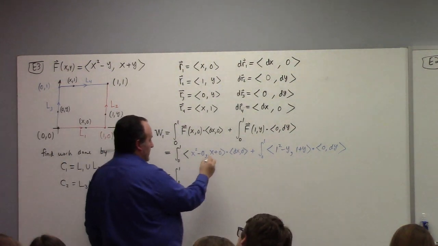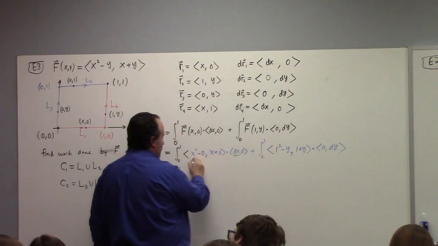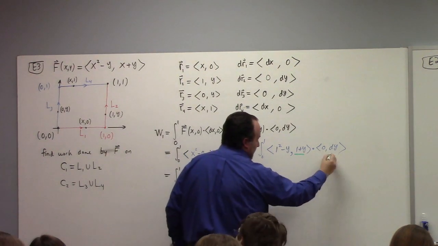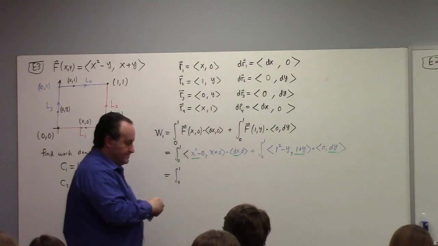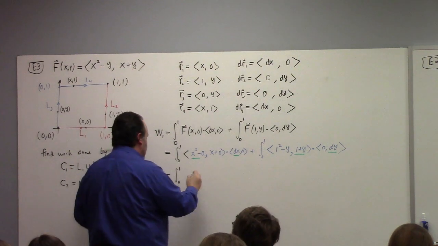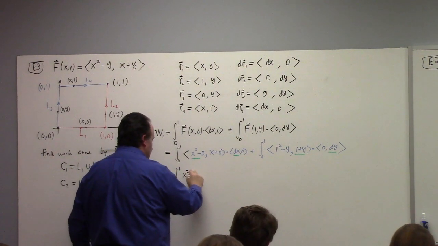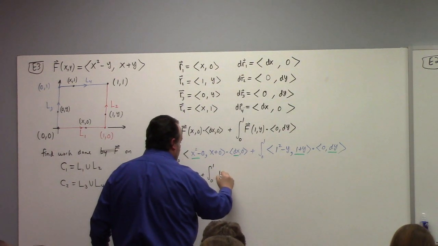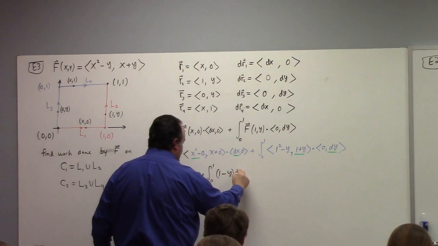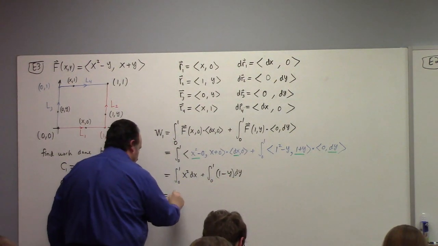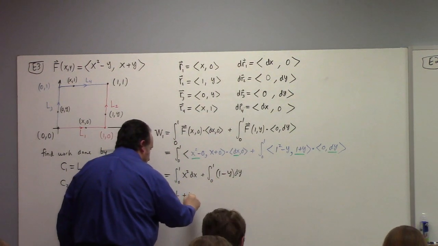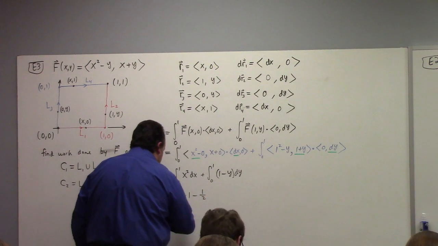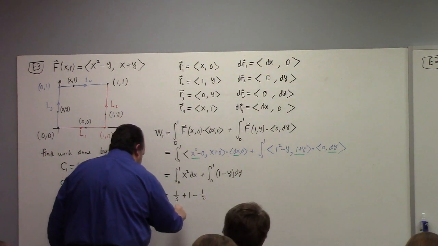That's why the dot products encode all that. The other piece is 0. So we have the integral of x squared dx plus the integral from 0 to 1 of 1 minus y dy, which by the way gives me 1/3 plus 1 minus 1/2, also known as 11/6.